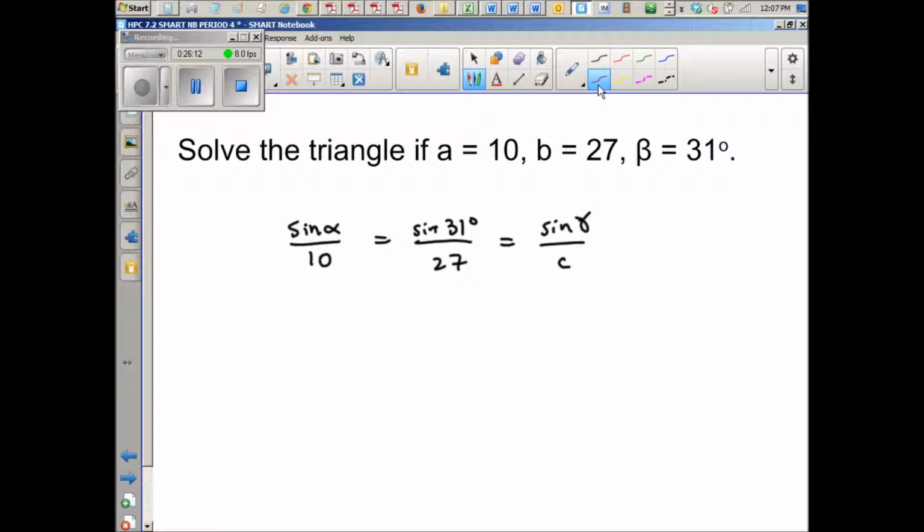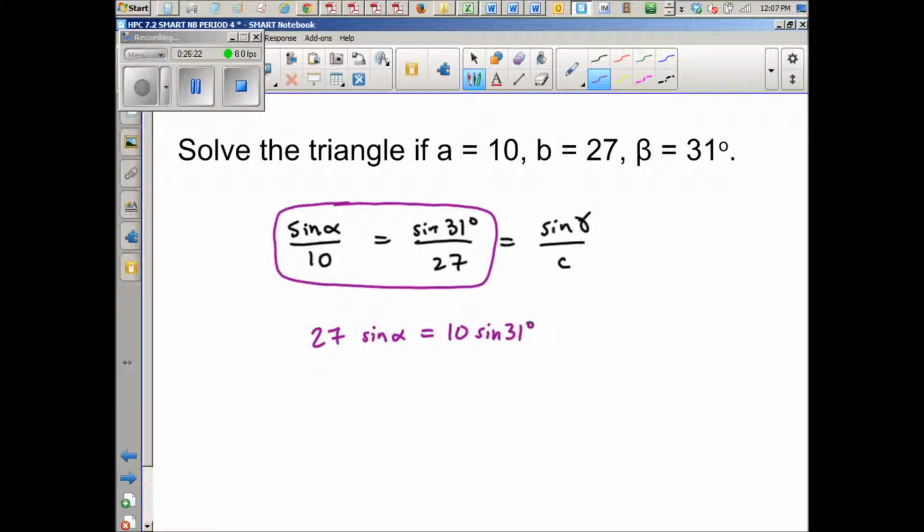But the first two fractions, I can cross multiply these. I get 27 sine alpha equals 10 sine 31. And then if I divide by 27, I get this.